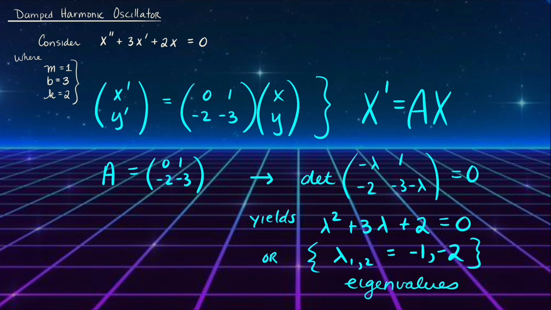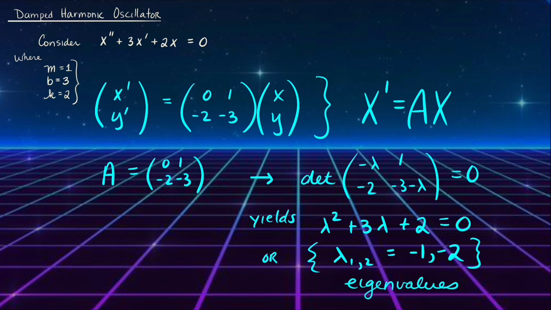Now, in its matrix form, our coefficient matrix is 0, 1, negative 2, negative 3, and solving the characteristic equation, which comes out to be lambda squared plus 3 lambda plus 2 equals 0, we get the eigenvalues negative 1 and negative 2, two distinct, real, unequal eigenvalues.